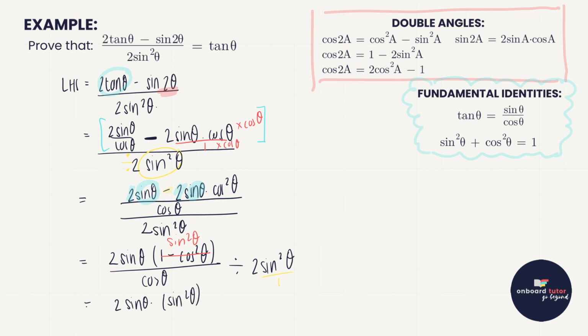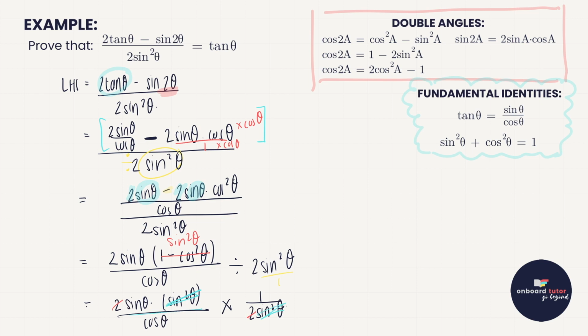You're welcome to actually multiply those together and make it sine cubed, but you don't have to do that, over cos theta, and then this is going to become multiplied by, and then we're going to multiply by the reciprocal, so 1 over 2 sine squared theta. Okay, and now this is very exciting because a 2 can cancel with a 2, and sine squared theta cancels with sine squared theta.